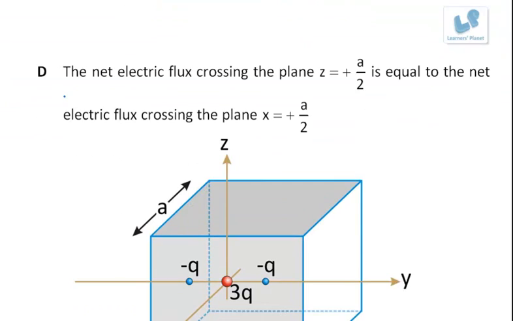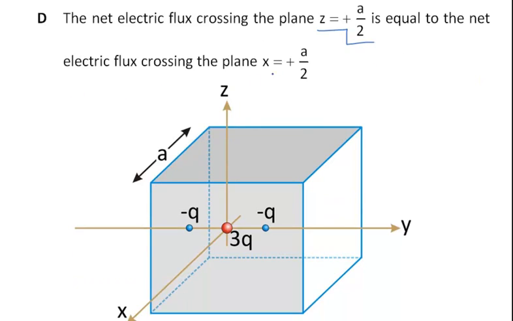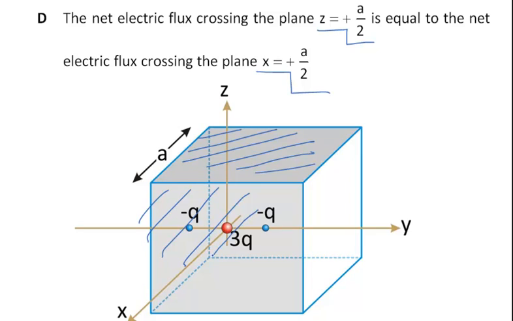Now let us look at option D. The net electric flux crossing the plane z equal to plus a by 2 is equal to the net electric flux crossing the plane x equal to plus a by 2. This is z equal to plus a by 2, and this face is also this much.